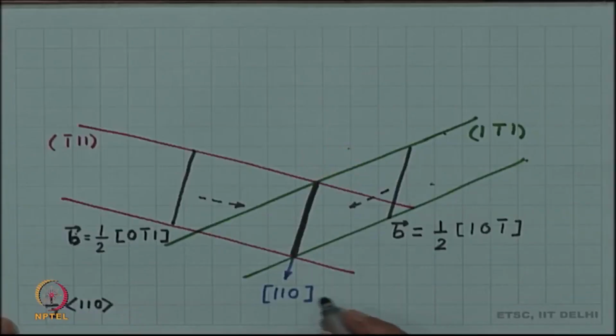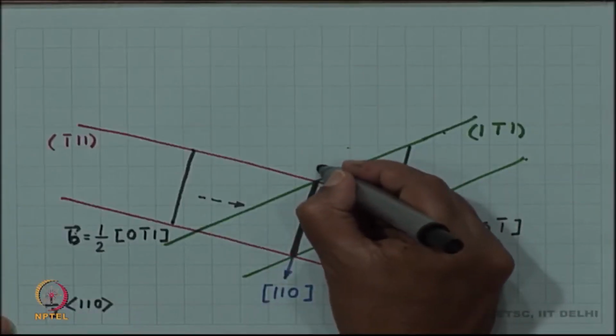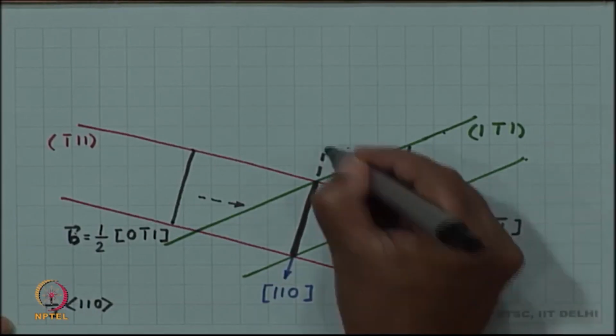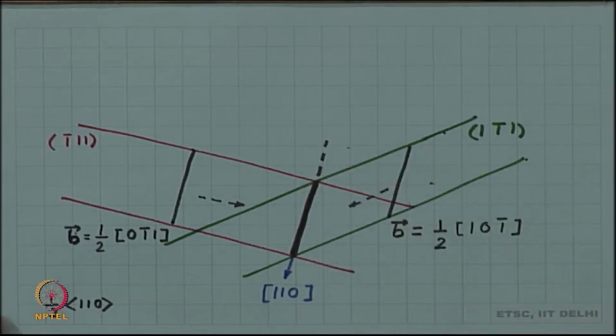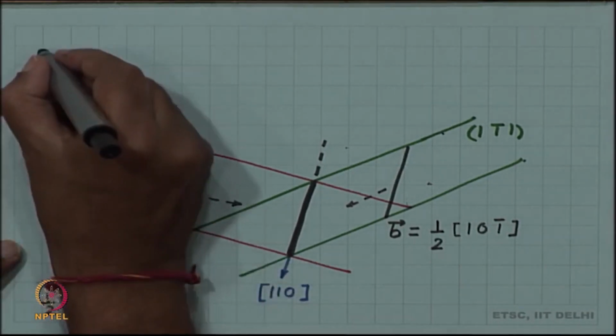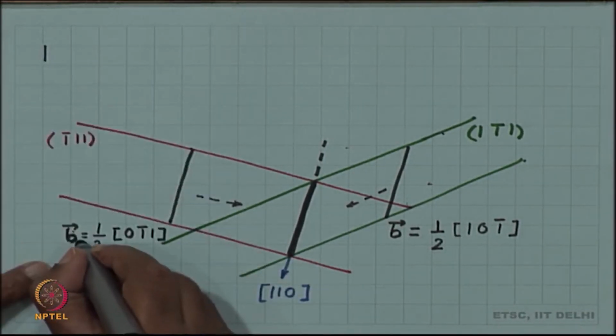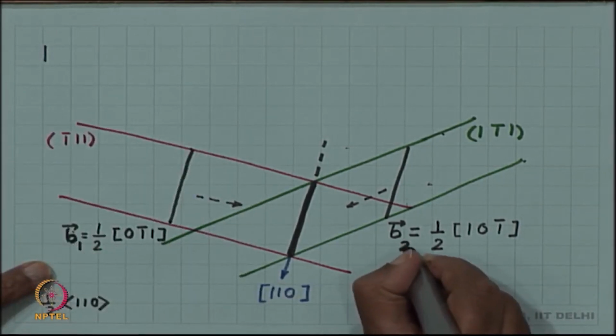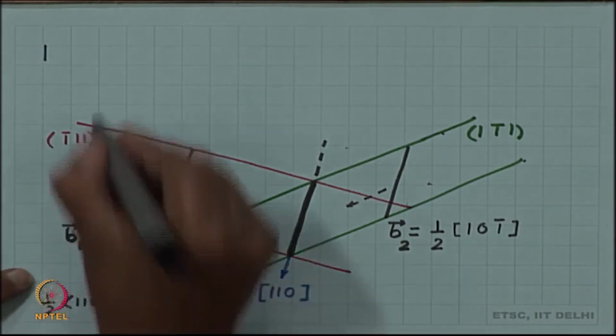First, let us find the Burgers vector of this composite dislocation. We know that the Burgers vector of a dislocation which is produced by a combination of two dislocations is the sum of the two Burgers vectors. Let me call this b1, and this b2.